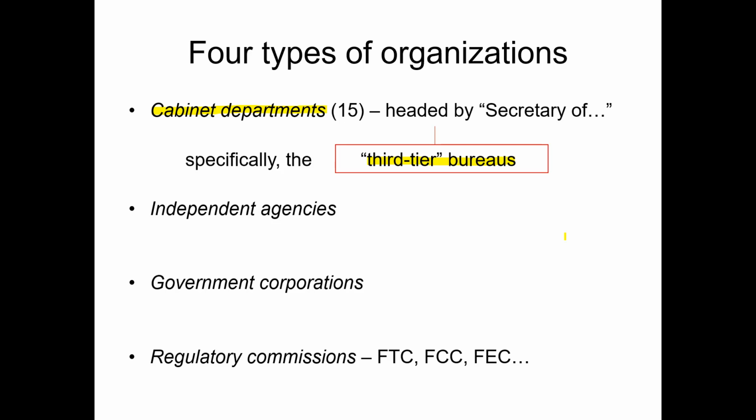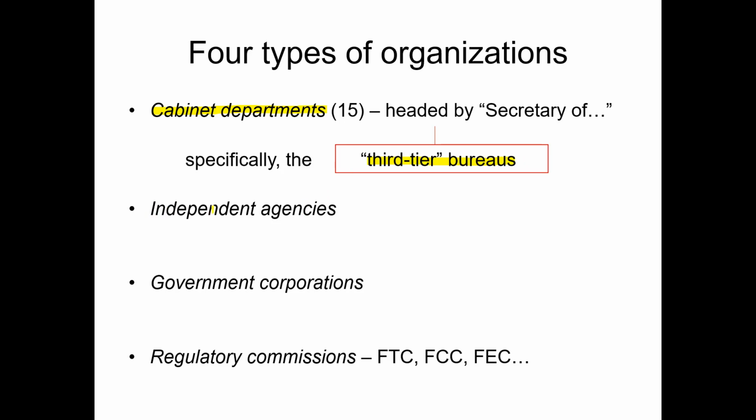As well, they're not an administrative office or an executive office or a vice presidential office. These are, as you'll see very clearly as we go through these org charts of some of these cabinet departments, you'll see what I mean by the third tier bureaus, where the work is actually getting done.